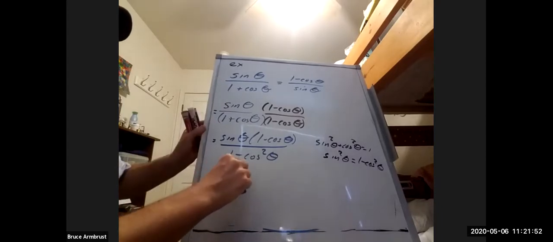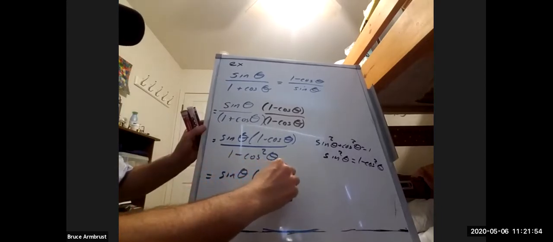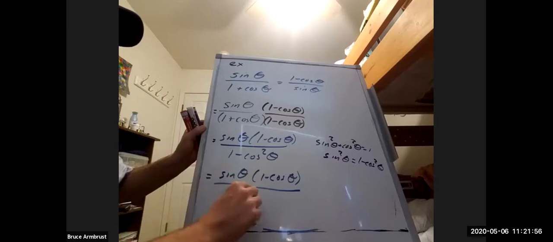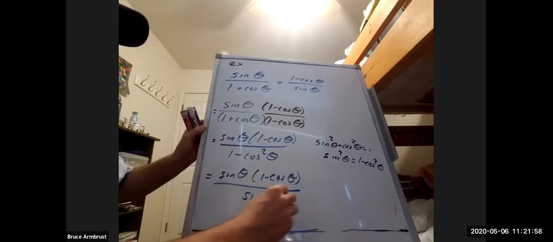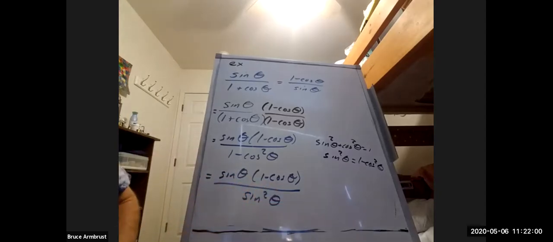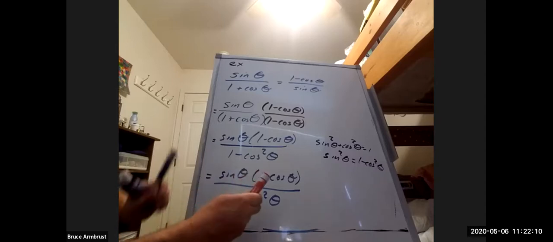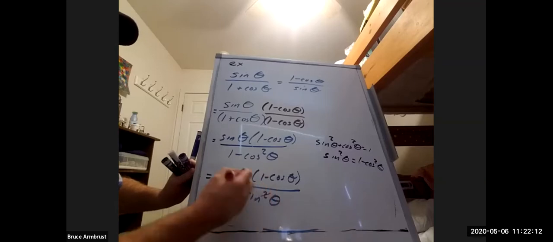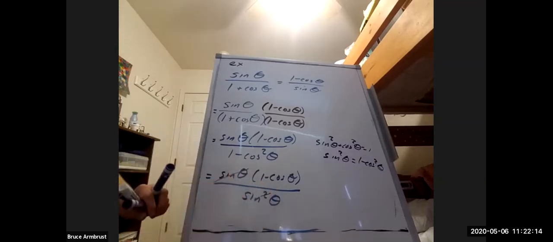So we'll have sine of theta times 1 minus cosine theta over sine squared. So we were able to put sines into the bottom, which is what we needed. But we've got one too many. But luckily, the one too many is going to cancel with the one on the top that we didn't need.